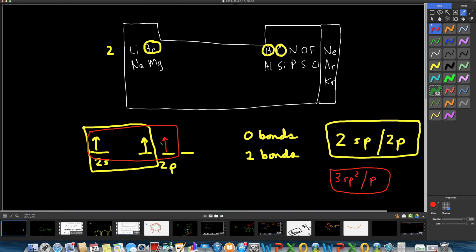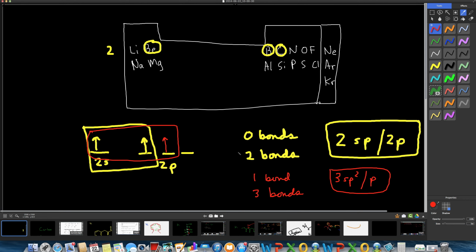Again, 1, 2, 3, 4 bonding orbitals before hybridization and mixing, and I have 4 after. So boron without hybridization makes 1 bond. Boron after hybridization makes 3 bonds.